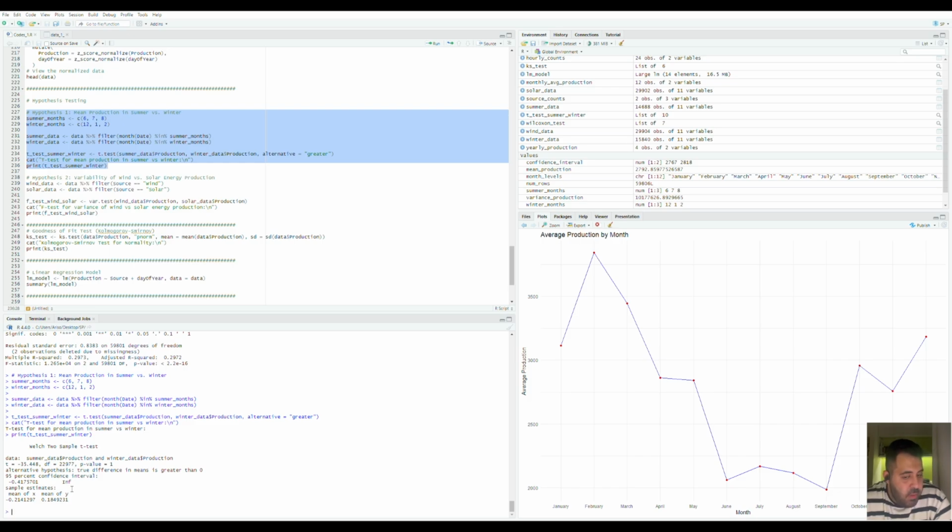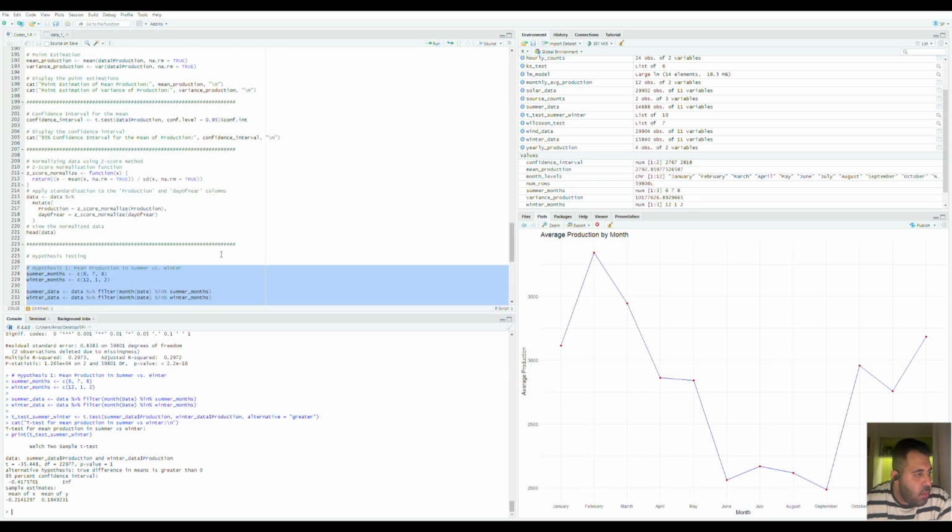I believe in the chart, you can see that the production value in wind energy is much higher compared to the solar one. Let's check it in the months. Wait, actually, let me say this is not the correct one.